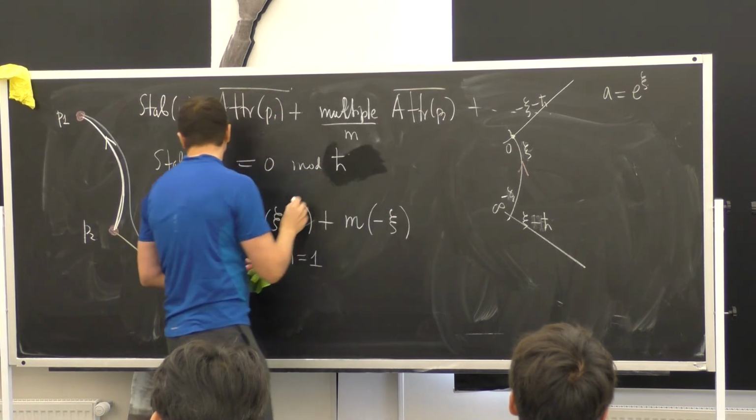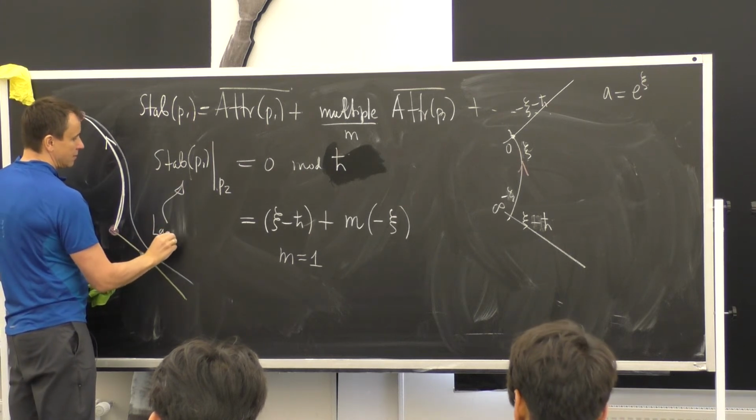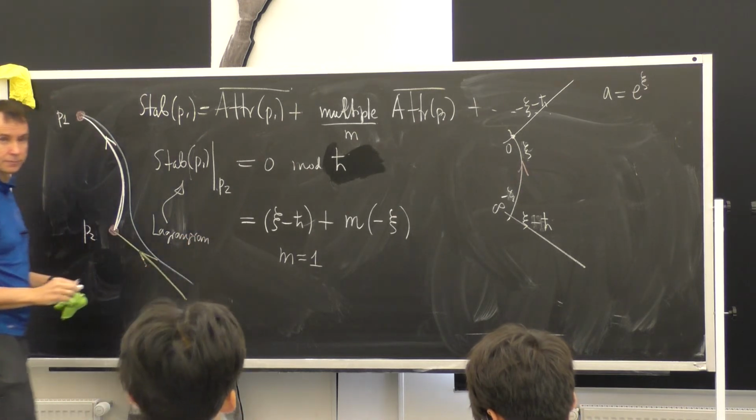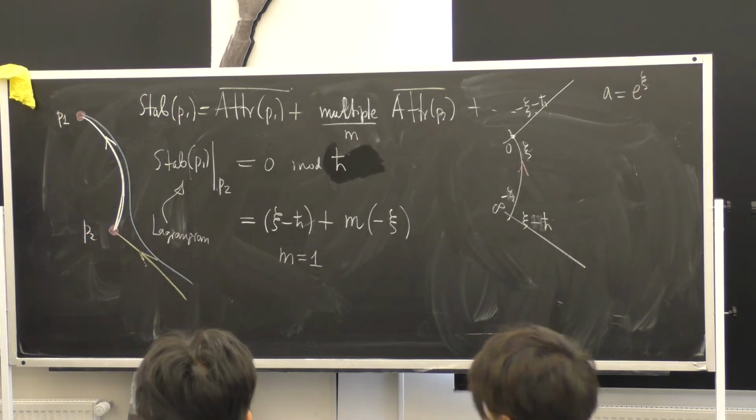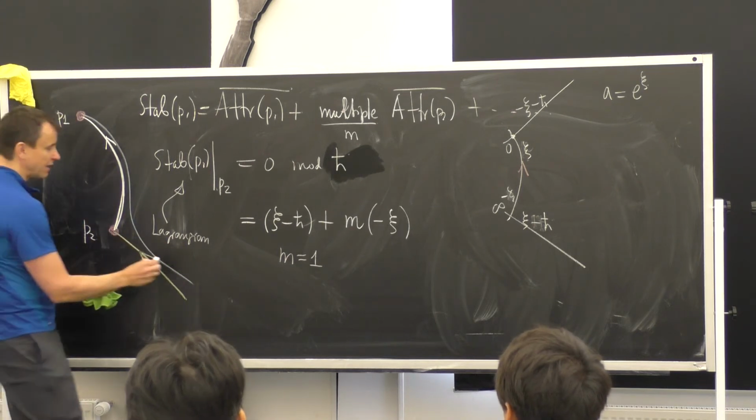In homology, this is a Lagrangian. So in particular, the restriction to a fixed point would have half dimension.